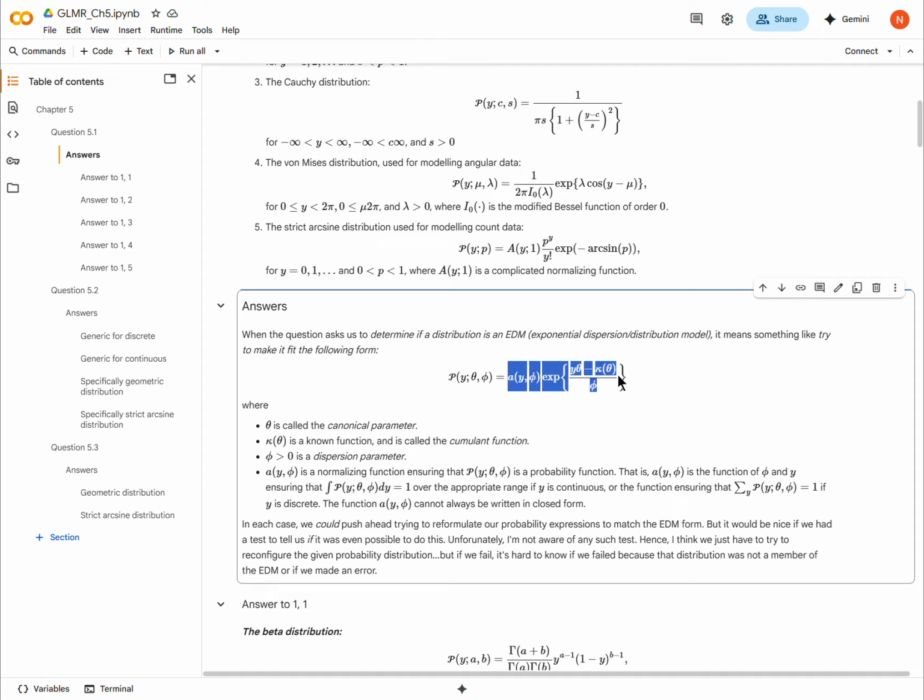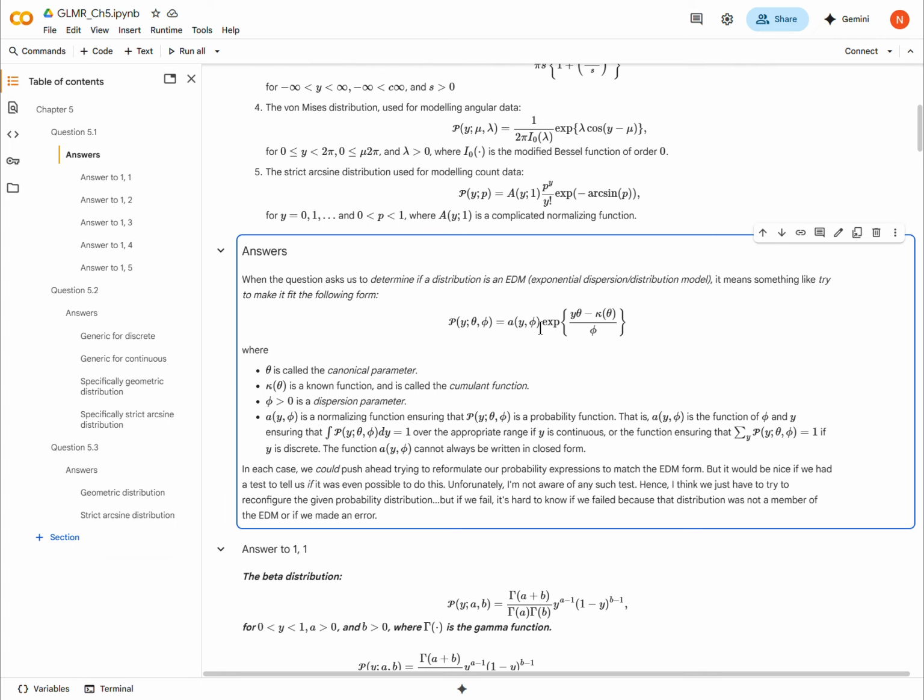There are other forms of the exponential distribution expression here. This is the one that's given in the book, and so we'll try to see if these different distributions can be written in this way.